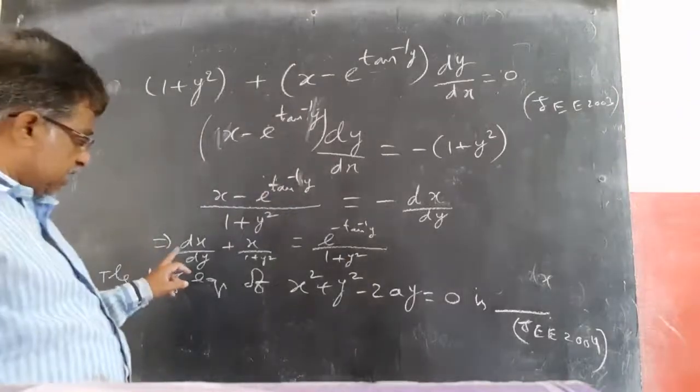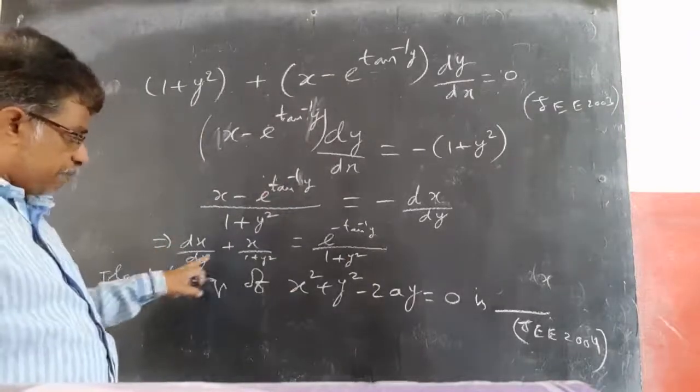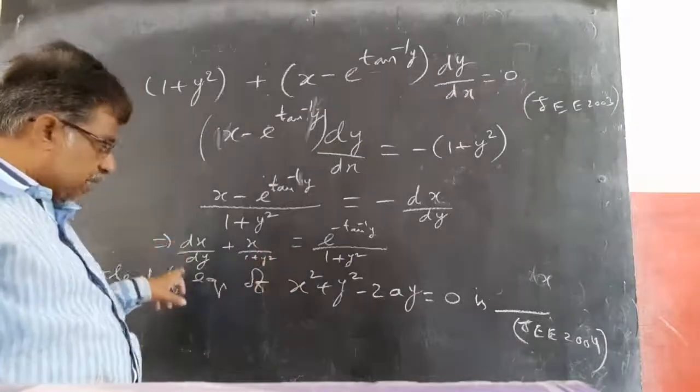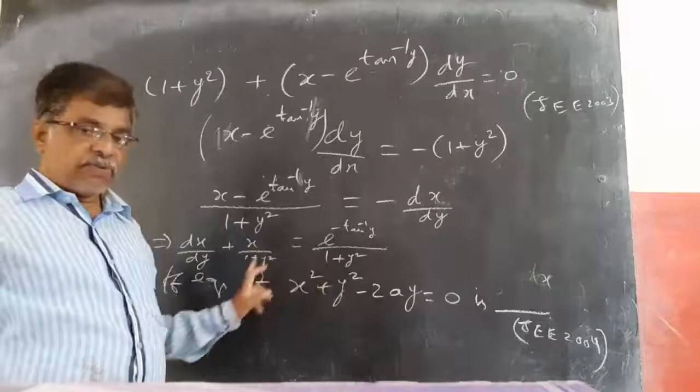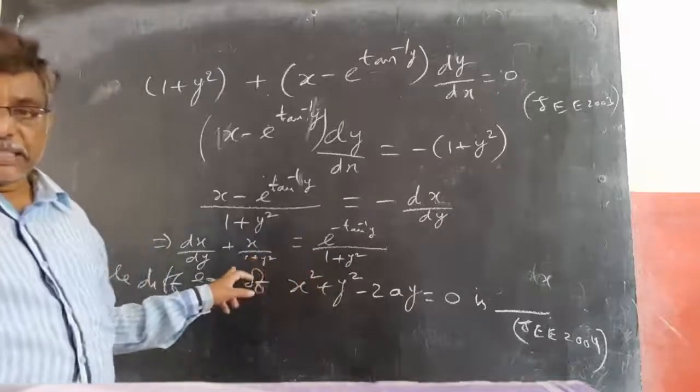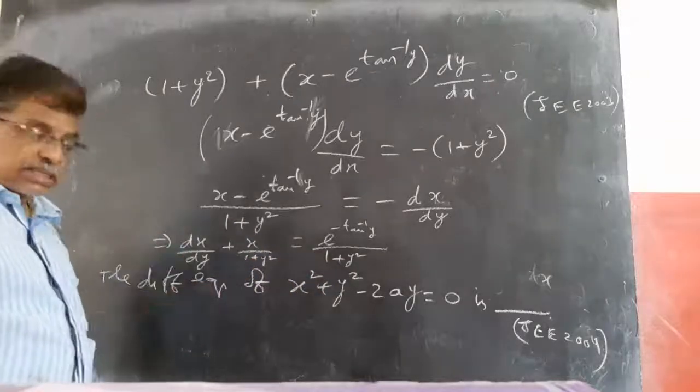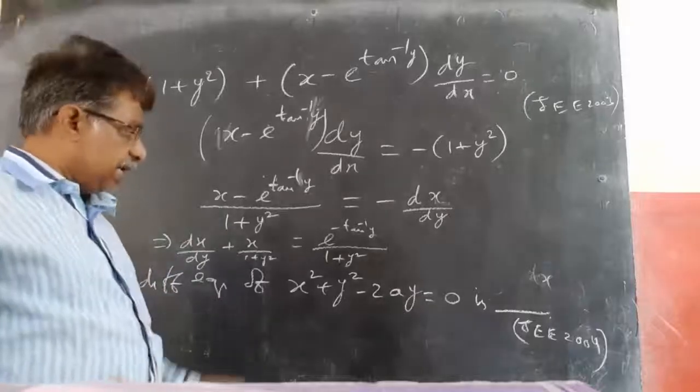Now if you observe this equation, dy by dx plus py equal to q form, this is dx by dy plus px equal to q, where p and q are functions in y here. So this is a linear differential equation in terms of x.